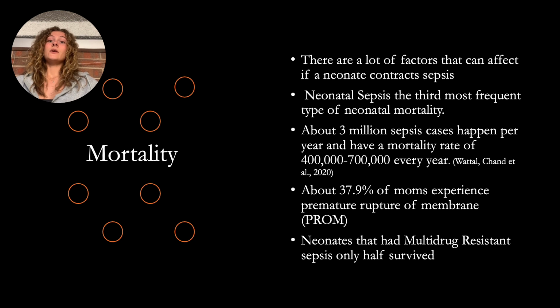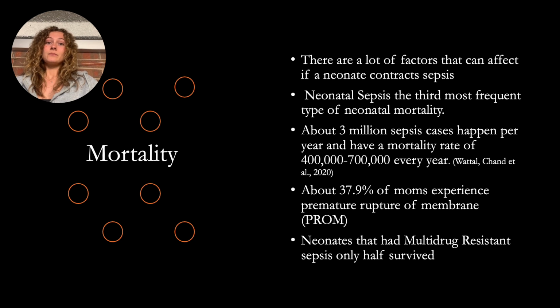Now, like I said earlier, there are a couple things that go into if a baby who contracts neonatal sepsis dies or not. And one of these is PROM, which is premature rupture of the membrane. So about 37.9% of moms experience PROM, and this is a factor that can lead to neonatal sepsis.